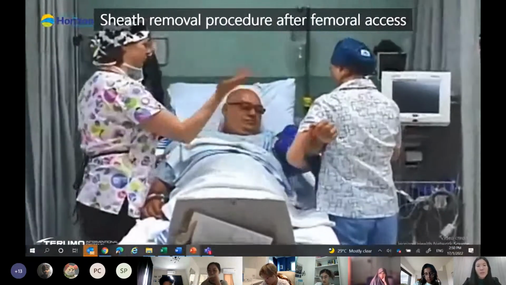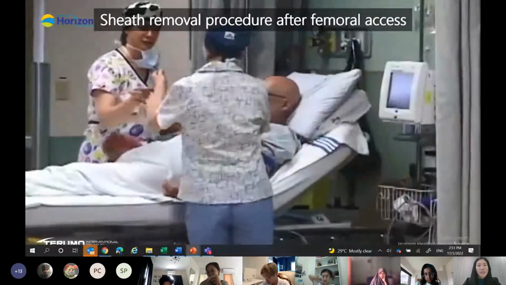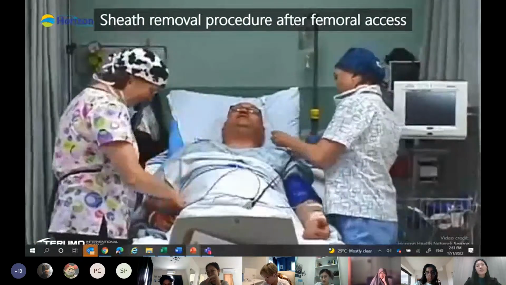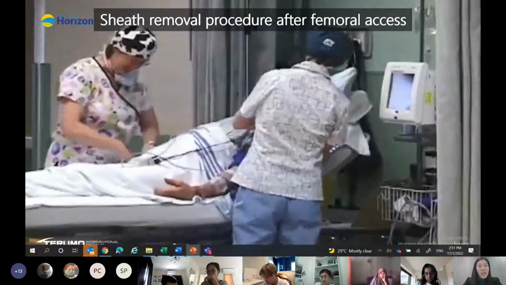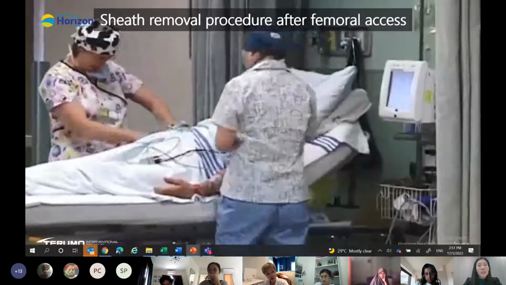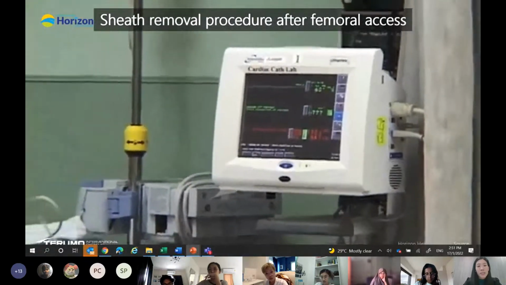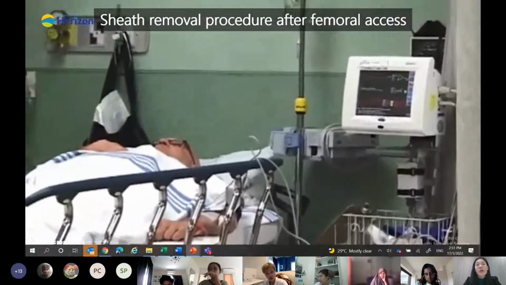In this recovery room, again, they will track the patient's vitals, right? They will always attach devices to do that. And then they will remove the sheath from the patient's femoral artery. And how they stop bleeding is to manually compress it.